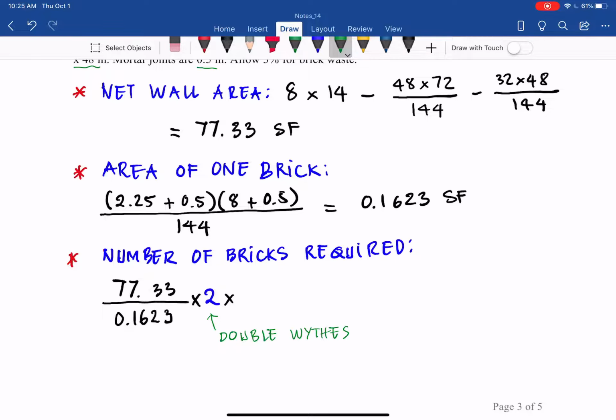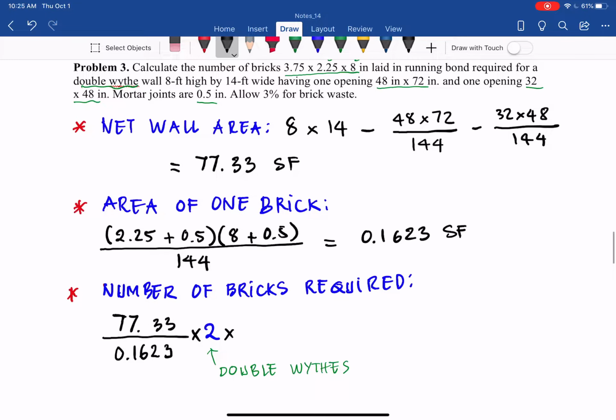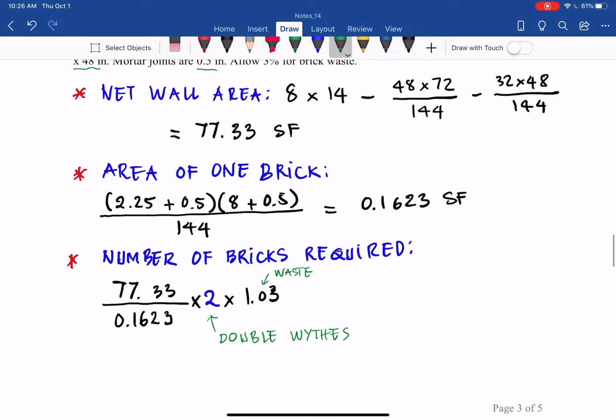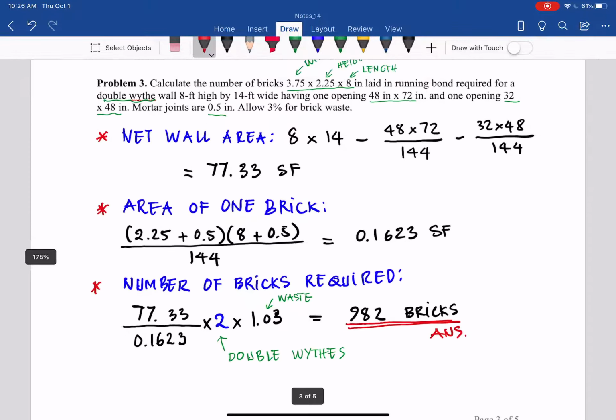And we times 1.03 for the 3% waste the problem gives us. With that, we can get the answer: it will be 982 bricks. And that should be the answer we have for problem 3.